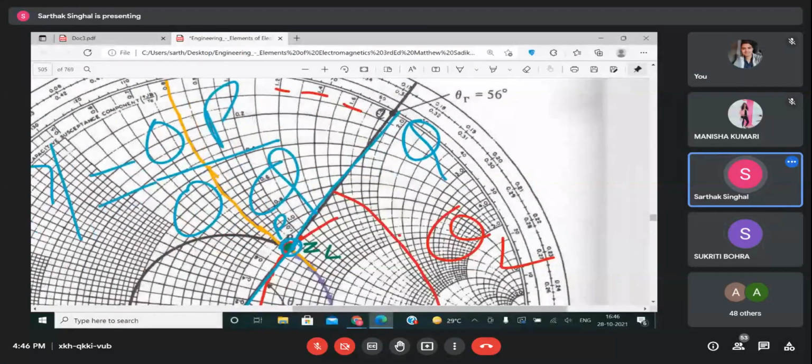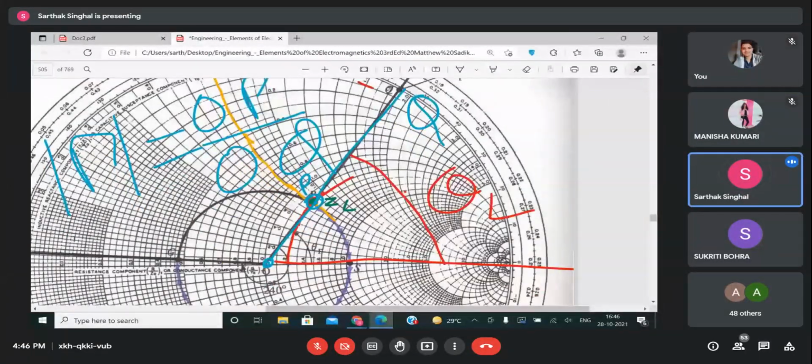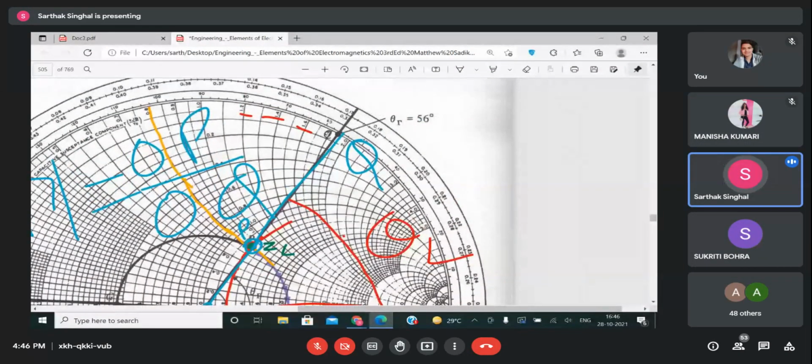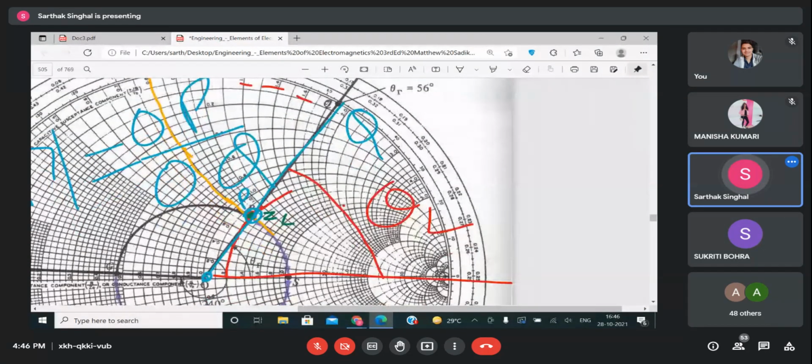If the straight line is matching at some standard point, then you can calculate it accordingly. Otherwise, you have to use the protractor. But in general, you can calculate the values of angle from the chart itself.